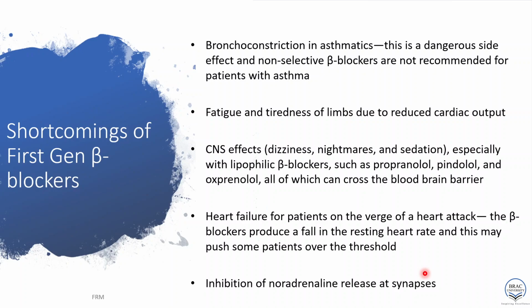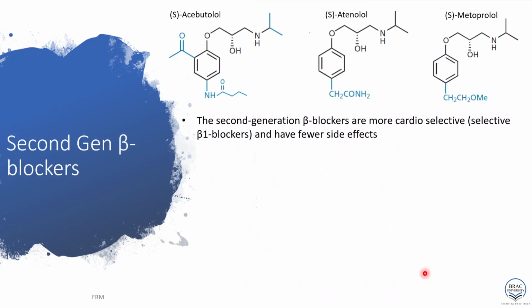At the end of the neuron, at the synapse, is where noradrenaline is secreted or released, and that will be inhibited by these first generation drugs.